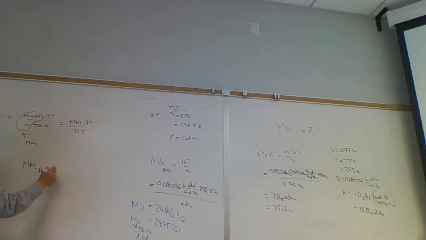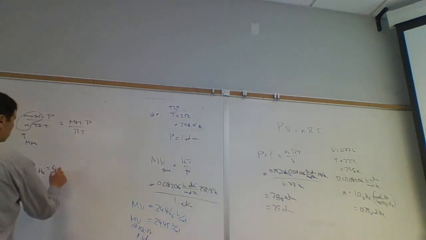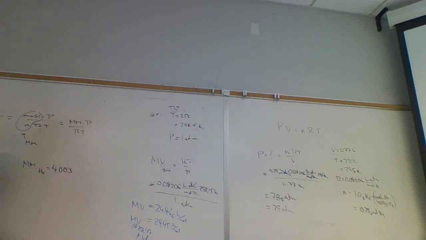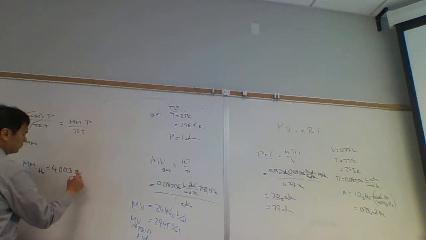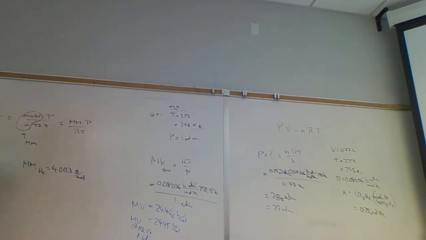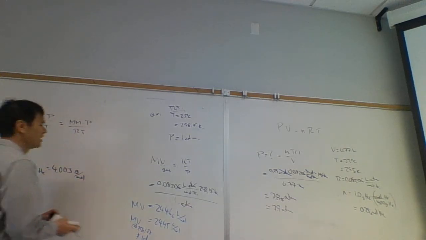The molar mass of helium, we look off the periodic table, I'm going to go one more digit, 4.003, since we're going to suffer a little bit of round off here and there. Grams per mole. And so we'll just plug it in here.